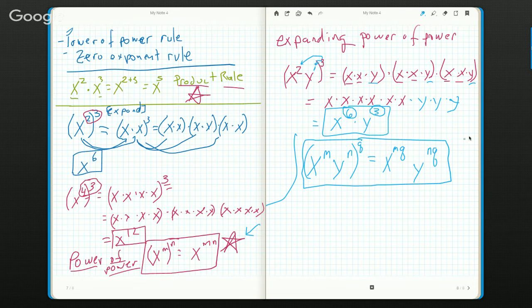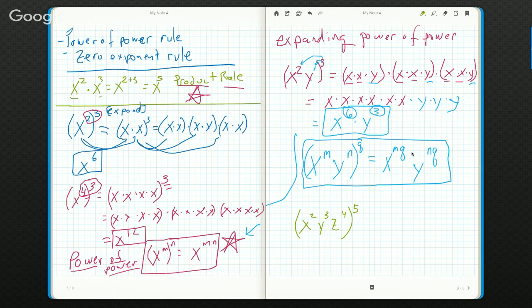And you can draw other examples of this, and I'll leave it to you to solve this problem here, where we're going to go, x squared y cubed z to the 4th, all raised to the 5th power.